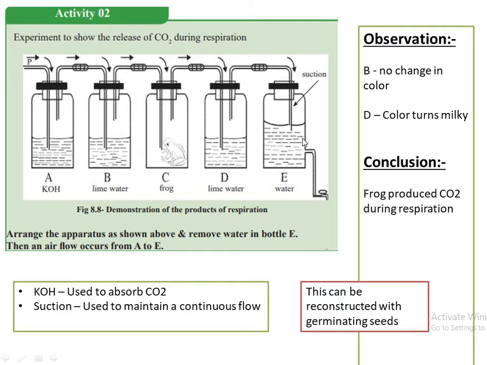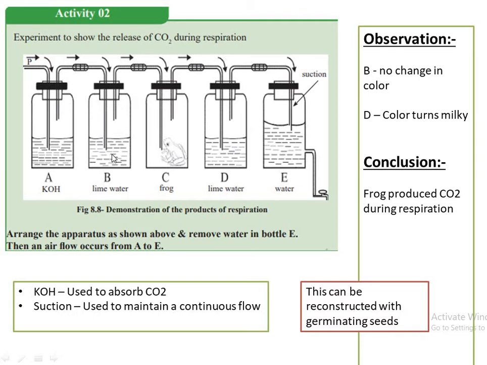Here there is a suction, and the suction is used to maintain a continuous flow. First the air comes from outside into the KOH, then all the carbon dioxide is absorbed, and then we send it through this other delivery tube. What do we send? We send pure oxygen air sort of. It's not completely pure, but most of it is oxygen, and then it keeps on going like this.